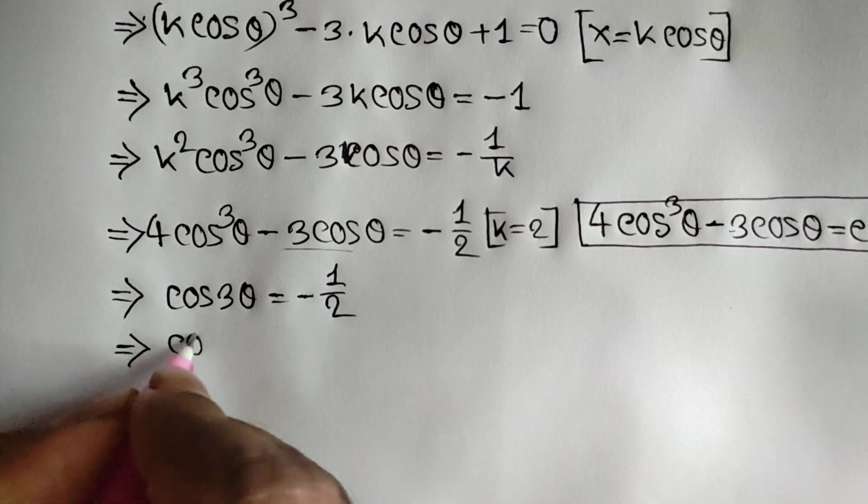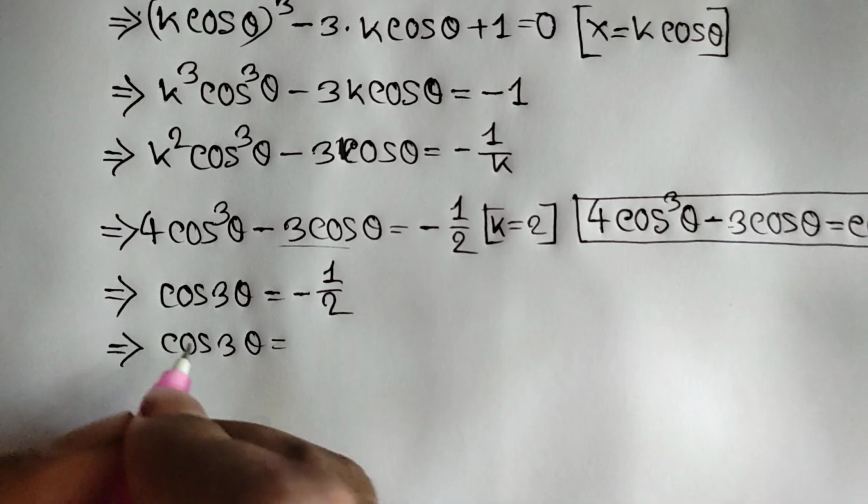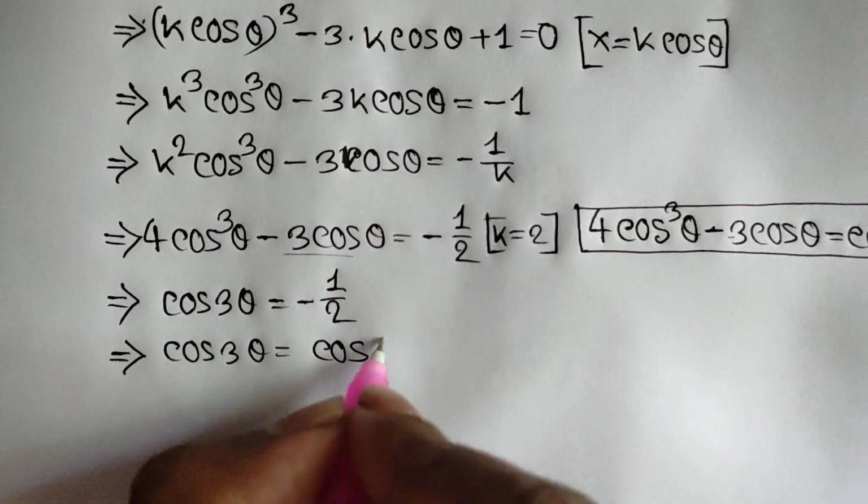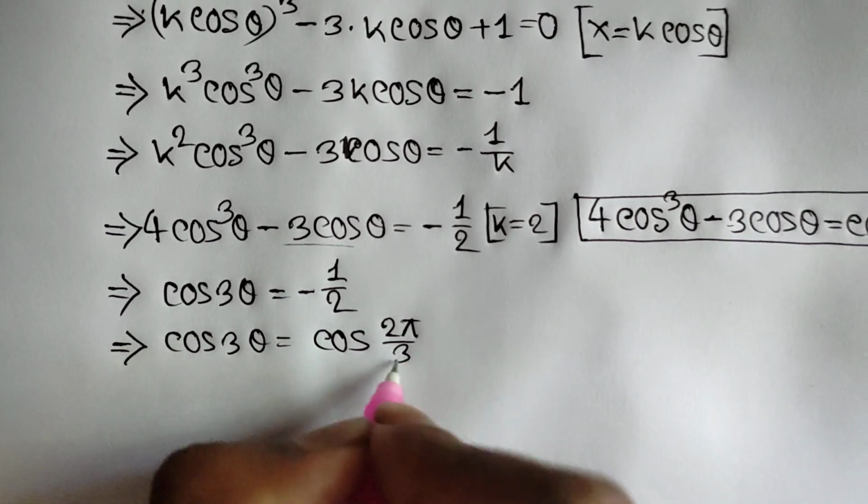or cos 3 theta is equal to negative half, which is the value of cos 2 pi by 3.